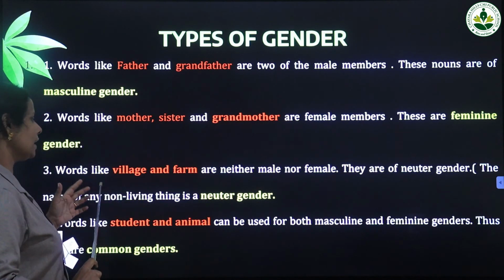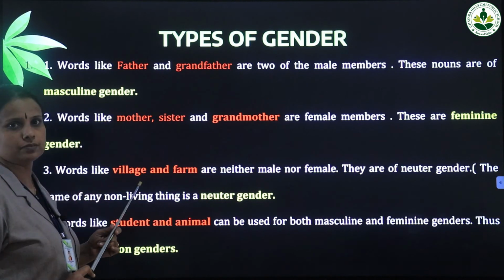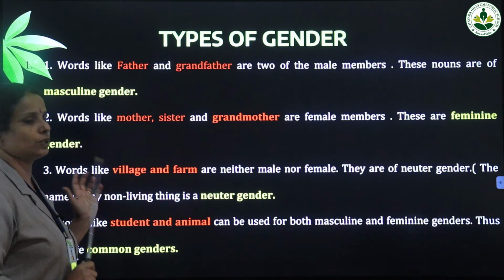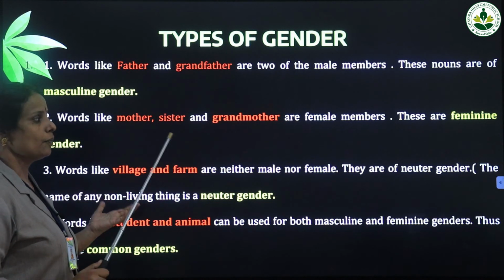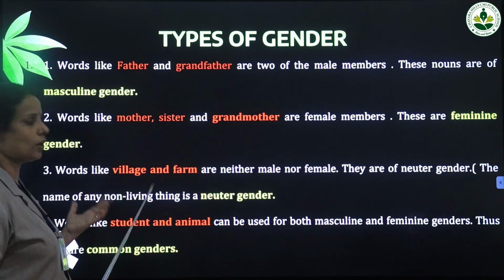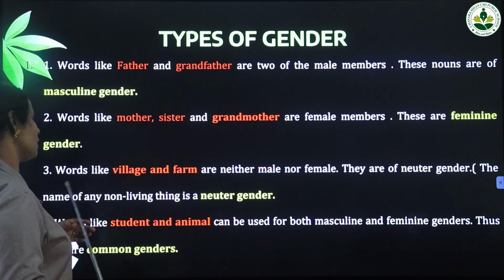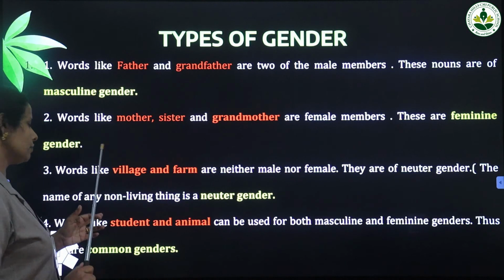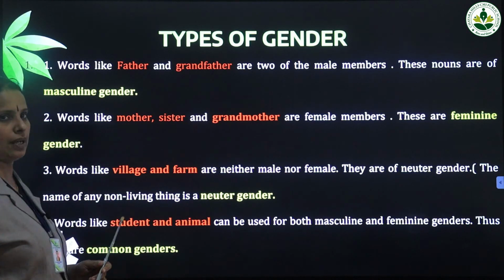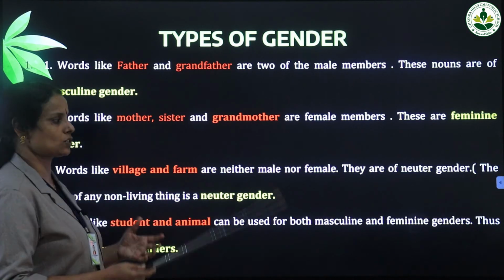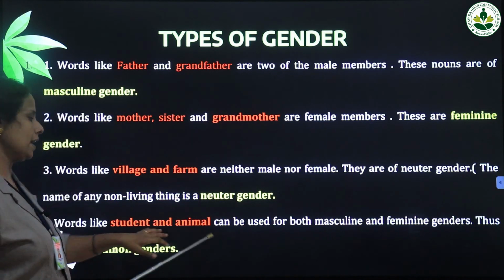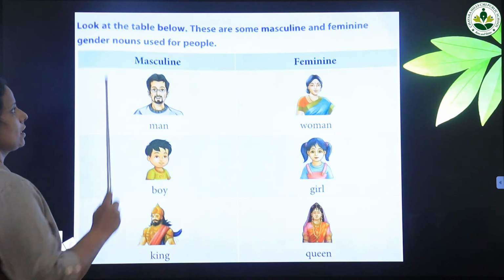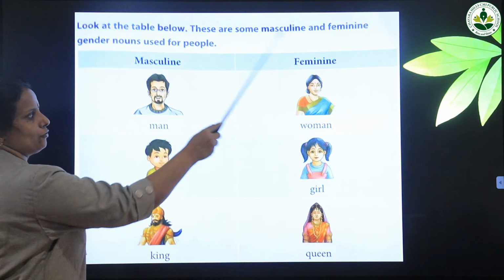Then village and farm are not male, not female, so we call it neuter gender. They are non-living things. Then student and animal can be used for both masculine and feminine, and they are called common genders.